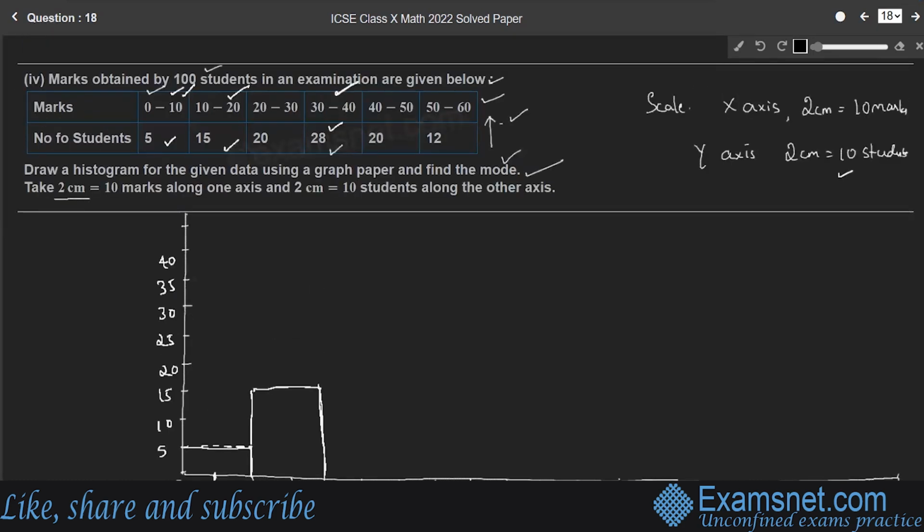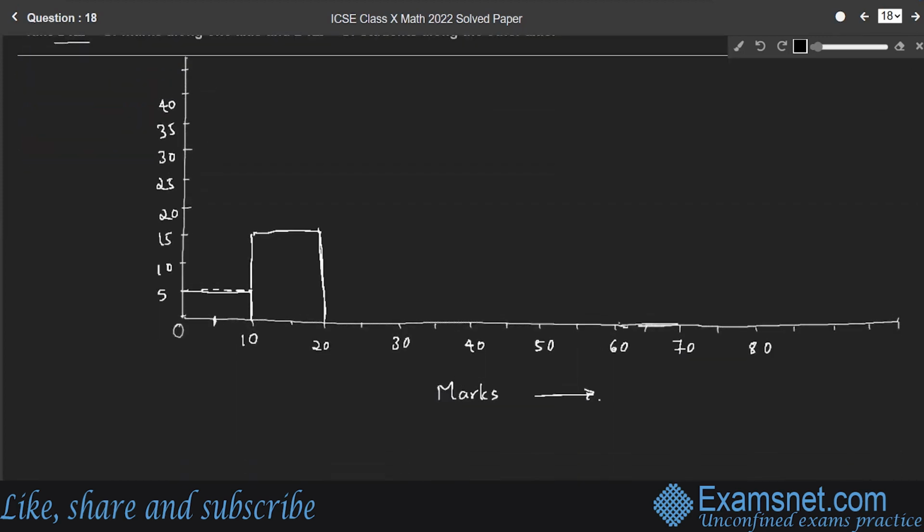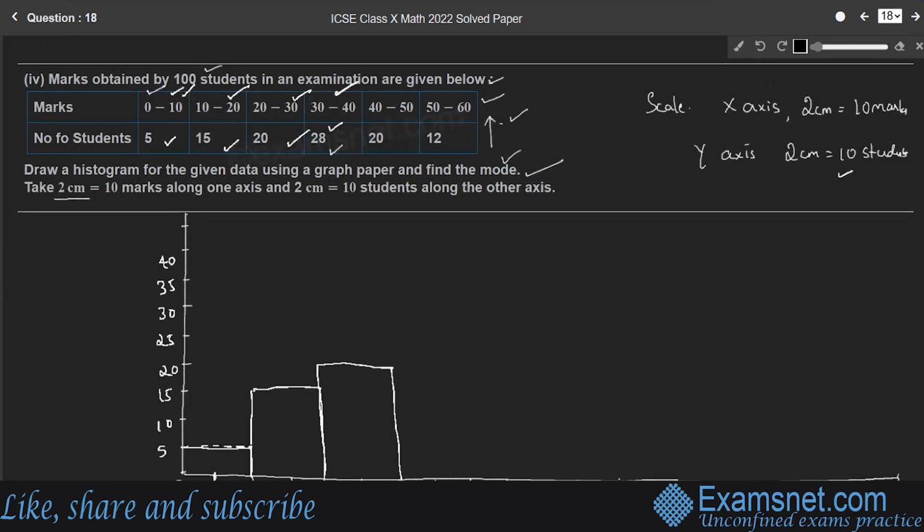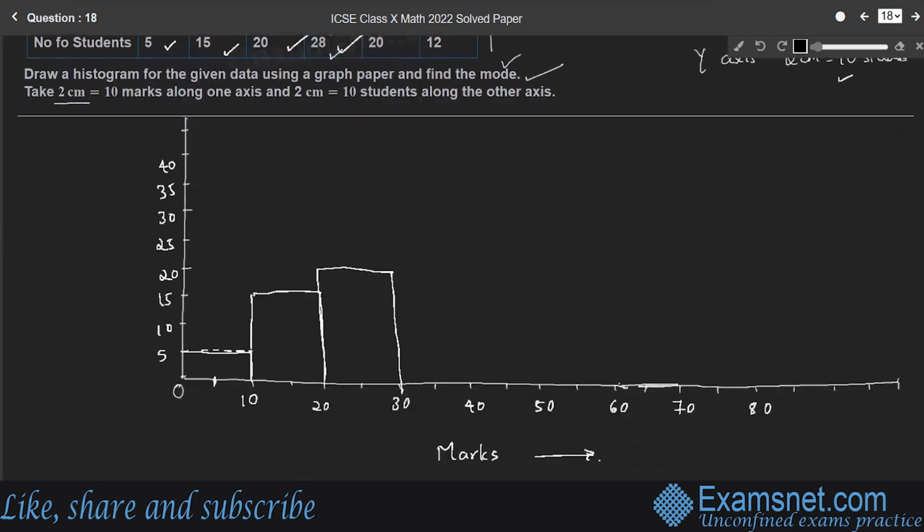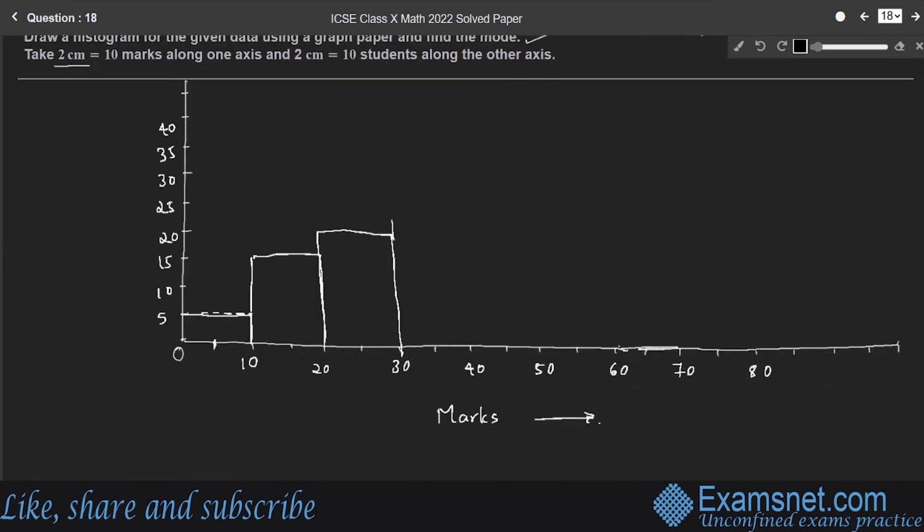Next, in the range 20 to 30, 20 students. And in the range 30 to 40, 28 students. So the maximum number of students obtained marks in the range 30 to 40.